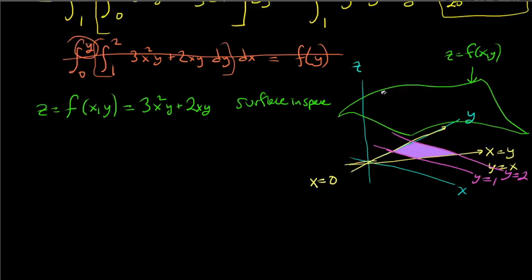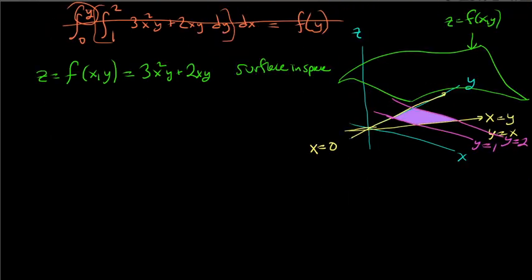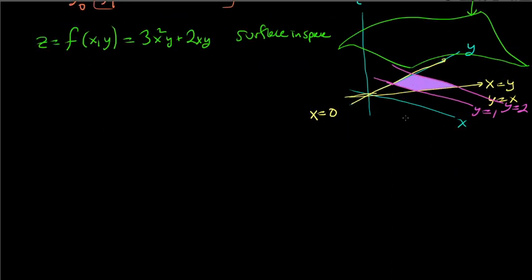Okay. Again, if it's a little tricky to see that, maybe let's just draw the xy plane in 2 dimensions here. So here's 1, 2, 3, and so on. 1, 2, 3, 4, and so on. All right. And let's graph the line x equals 0. Okay.